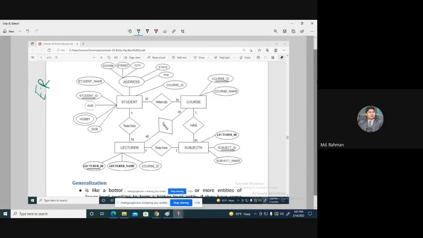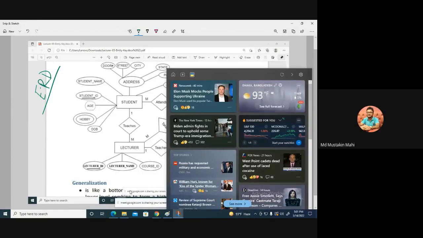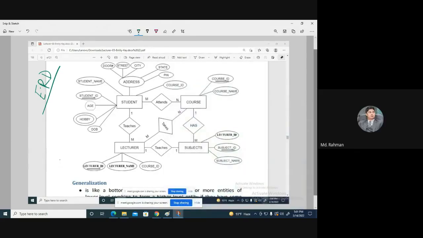What is the meaning of ERD? Entity relationship diagram. Dear, in the entity relationship diagram, the student attends courses. So here course is an entity, student is an entity, lecturer is an entity, subject is an entity. Clear?